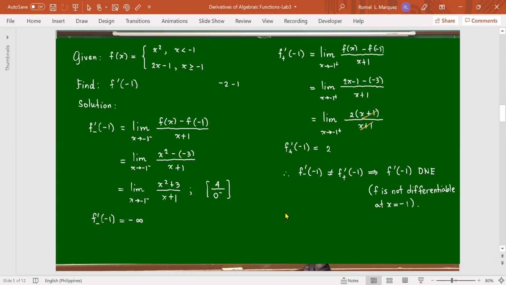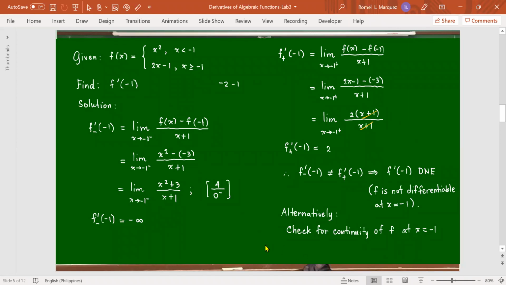Alternatively, what is the option for solving this? Do you have any option to solve this? Let's say you check for continuity of f at x equals negative 1.